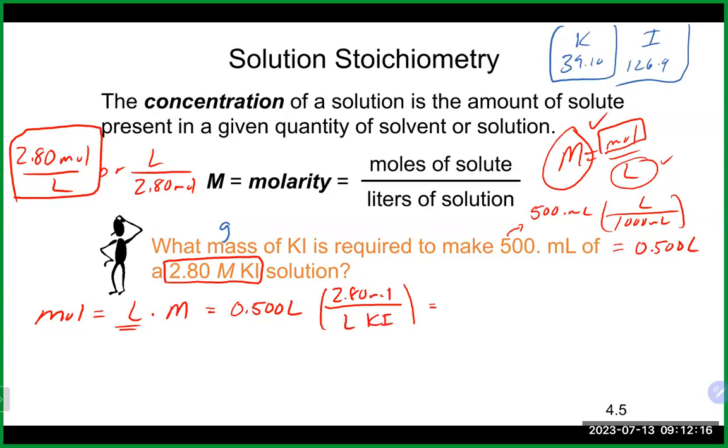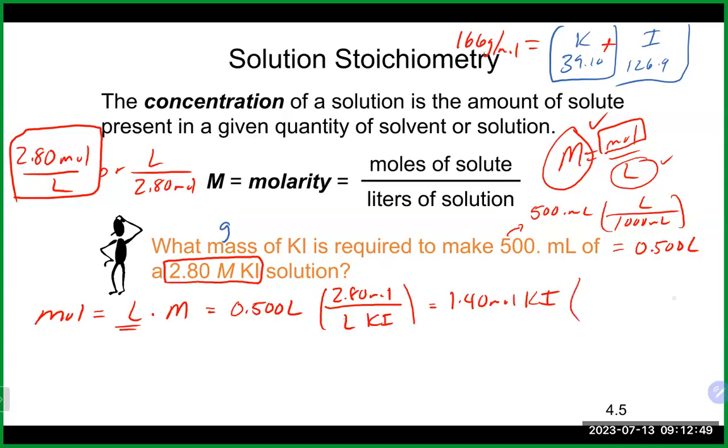And if you did get an answer at this point, you would end up with 1.4 moles of KI. That's close to what I want, but obviously I want grams, so I do need the molar mass of KI. So pretty much we just need to add these guys together. So we'll just add those guys together, and we will end up with 39.10 plus 126.9, 166 looks like.